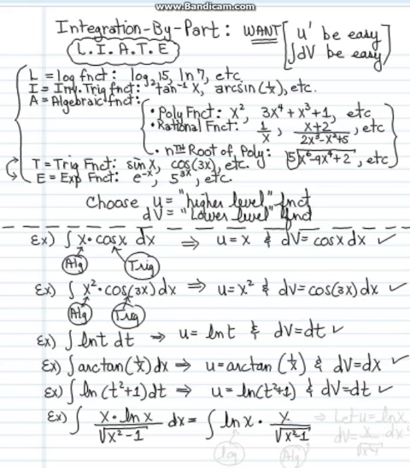That is an algebraic function. So this one is a log, and this one is algebraic. So that would mean that we let u equal the natural log of x, and dv equals x over the square root of x squared minus 1 dx. And you should try to play with this on your homework and see how well it works for you there.